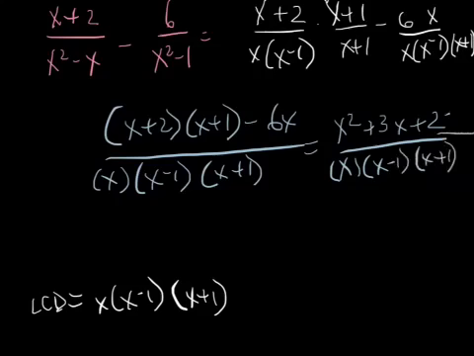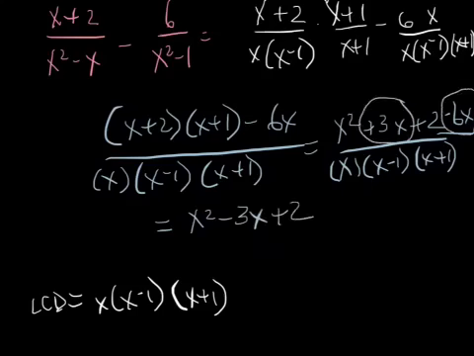Let's not forget our 6x. And when we simplify that, we get x squared minus 3x plus 2, combining these like terms here, over x times (x minus 1)(x plus 1). Are we done? I don't think so, because we can simplify this a little and get rid of some of these expressions.